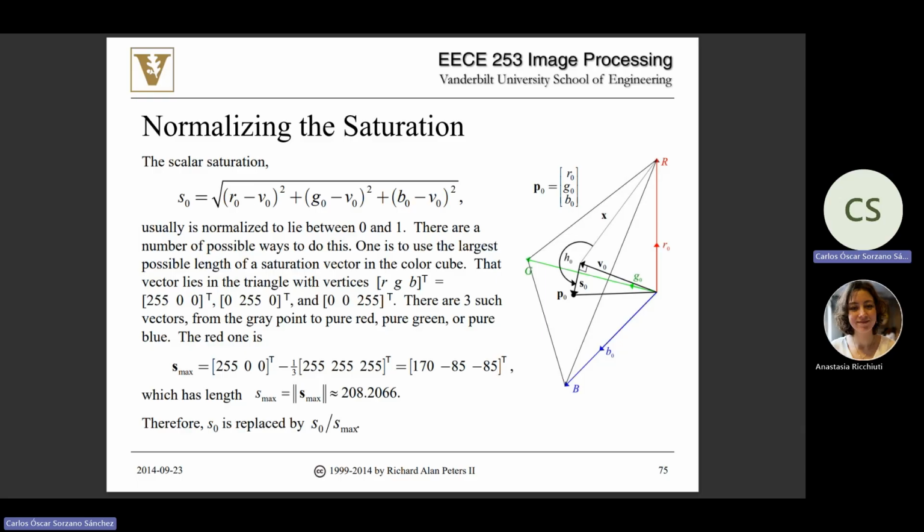If you look for the point that can have the maximum saturation, it turns out that the maximum saturation is this one. And then instead of reporting the saturation S0, you report the normalized saturation, S0 divided by S max. This is a number between 0 and 1.